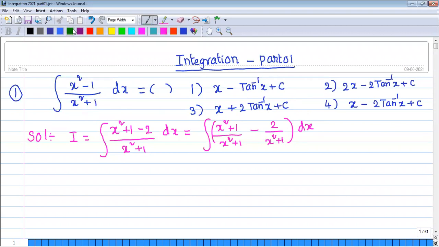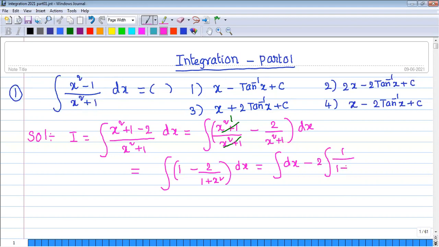See, x square plus 1 will cancel. We get 1. So this is equal to integral 1 minus 2 upon 1 plus x square dx. You can split it as difference of two integrals: integral of dx minus 2 common, integral of 1 upon 1 plus x square dx.